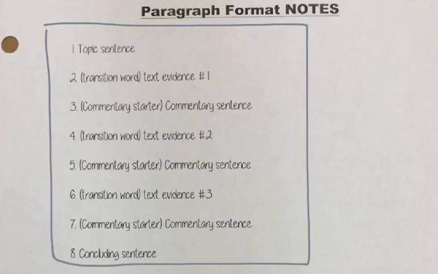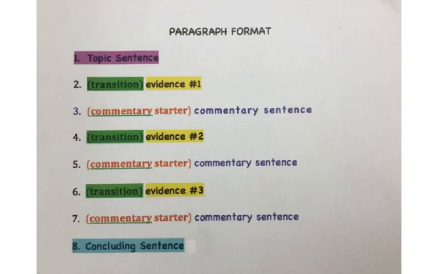You've got it here in front of you, and what you are going to do is use the highlighters that you have at your table to start color coding your very own format so that it looks exactly like the one we just talked about. Make sure you are sharing the highlighters and make sure that you notice that this first sentence is actually pink.